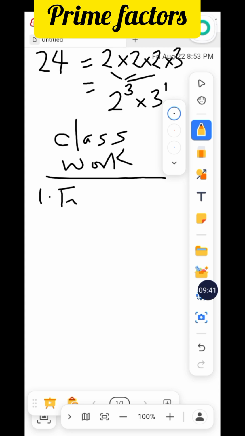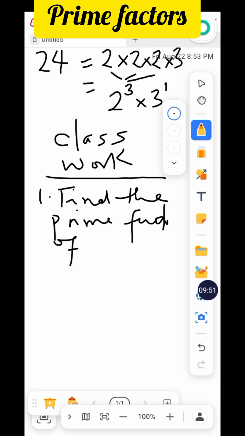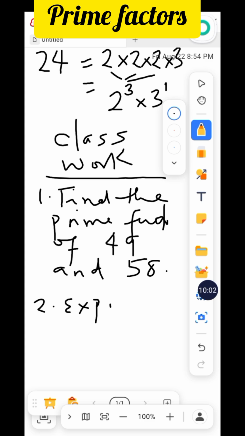The first one, find the prime factors of 49 and find the prime factors of 58. Okay, that's number 1.